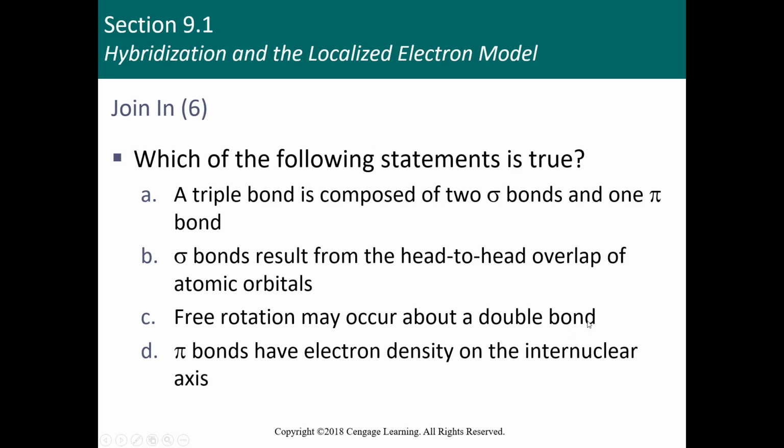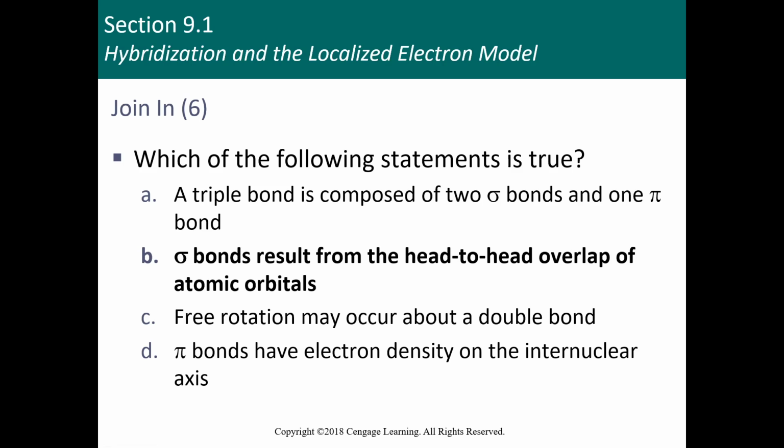All this is saying is that it has the electron density between the 2 nuclei, right? And that's not true. That's not what a pi bond is. That's a sigma bond. And so it is B, sigma bonds result from head-to-head overlap of atomic orbitals. The funny part is these 2 answers are pretty much directly opposite of each other.